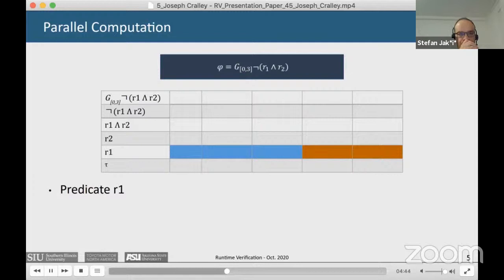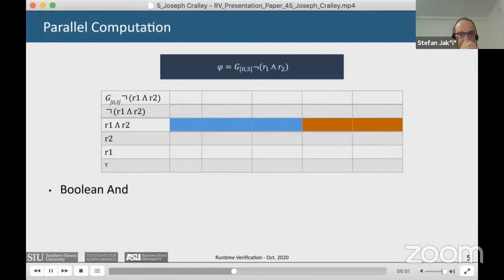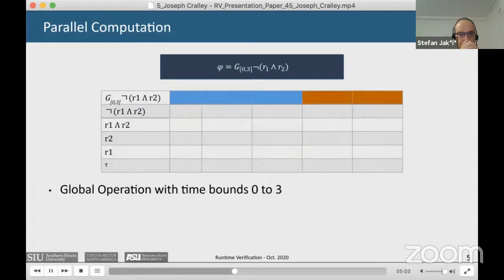The threads compute R1 right to left, as so. Next, R2 is divided into threads the same way R1 was, and then it is processed. After that, the AND, NOT, and global operation are divided and processed in much the same way.